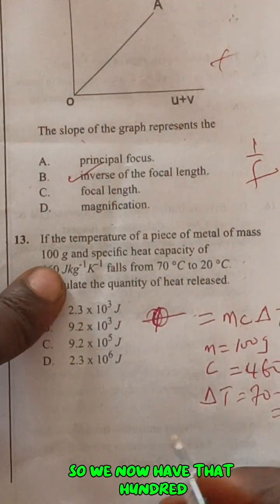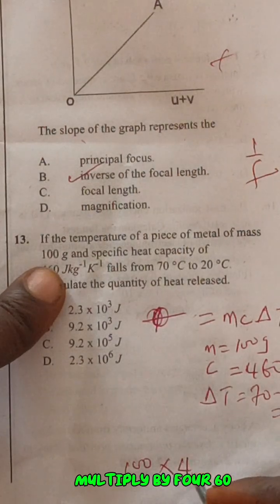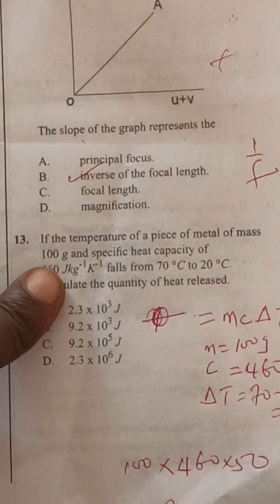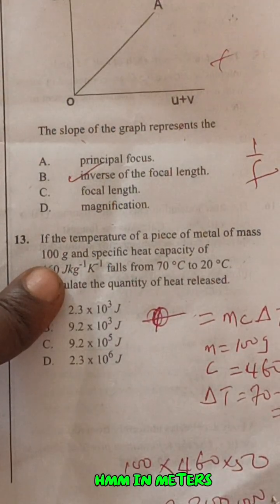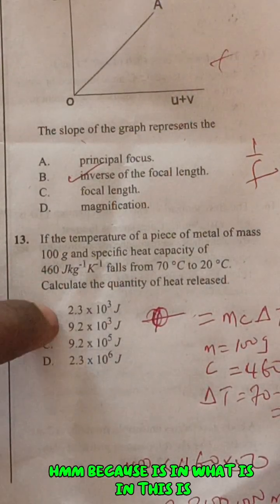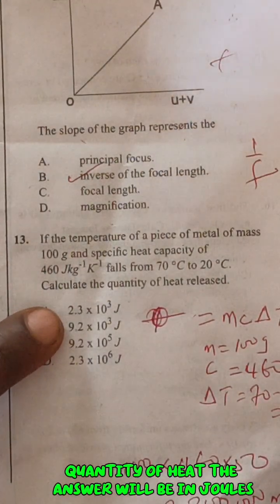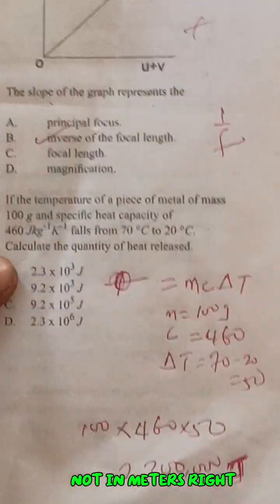Putting this inside the formula, we have 100 multiplied by 460 multiplied by 50. If you punch your calculator, I'm having 2,300,000. Because it's the quantity of heat, the answer will be in joules, not in meters.